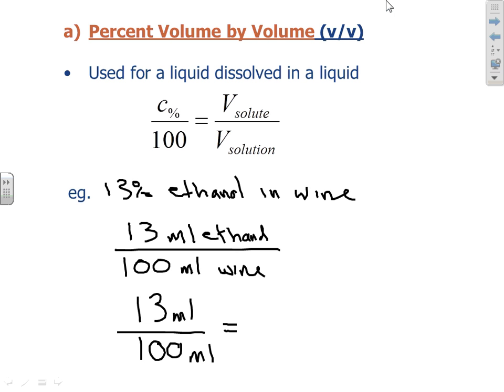Okay? All right. So volume over volume, when we see V over V, what we're thinking is milliliters, a volume unit, over milliliters, a volume unit. Okay? Volume over volume. It's telling us the units that we're measuring in.